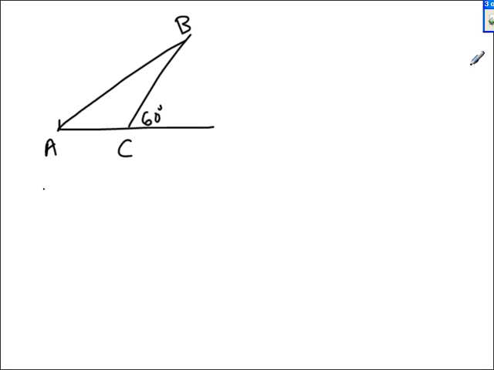And you're asked to prove that triangle ABC is obtuse. Let's call that point D.